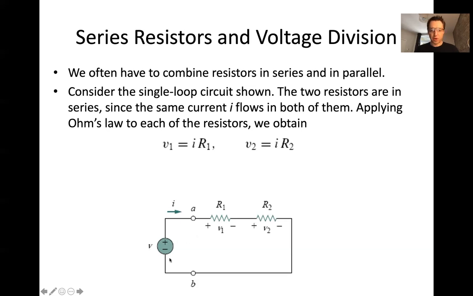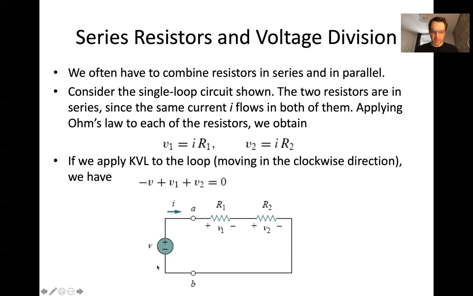Now, we know from KVL that this voltage rise from B to A, or from here to here, this battery voltage V has to be dissipated across these two resistors. In other words, this V has to be equal to the sum of V1 and V2. Right, so that's another way of stating KVL.